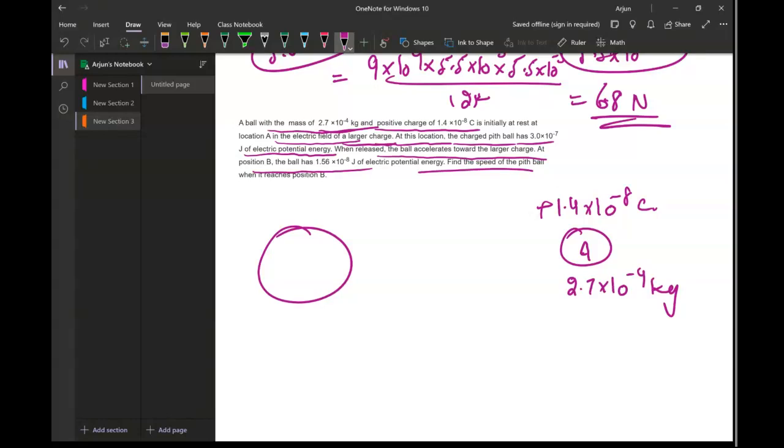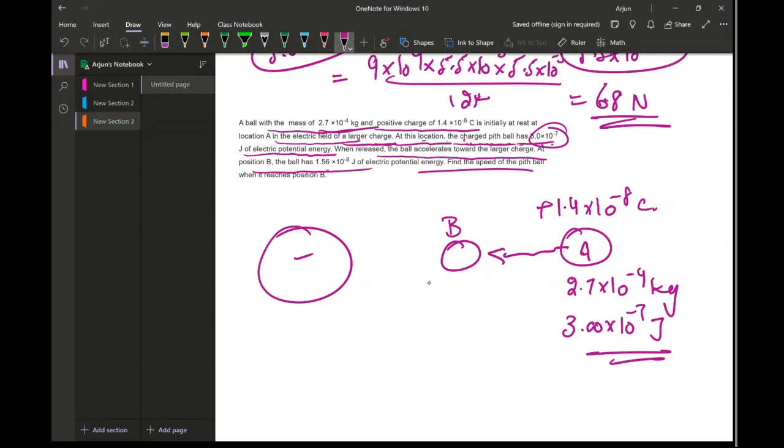At this location, the charged pith ball has 3.00 times 10 raised to the power negative 7 joules of potential energy. But then it is released towards the other charge. Once it reaches position B, it has 1.56 times 10 to the negative 8 joules of potential energy remaining.